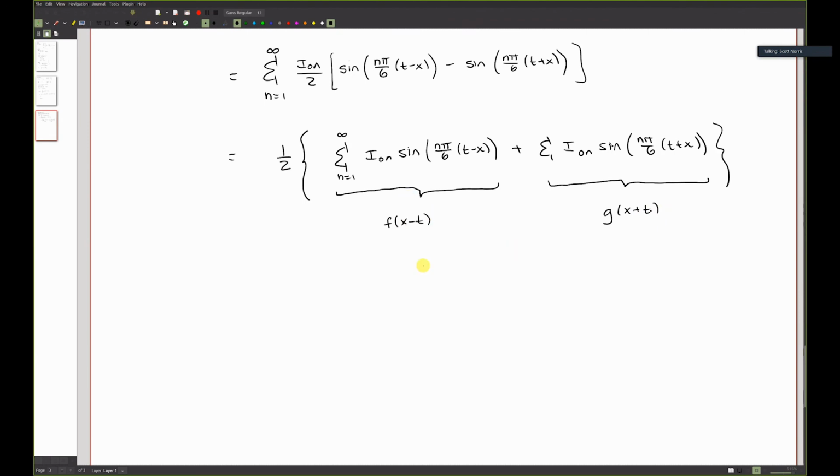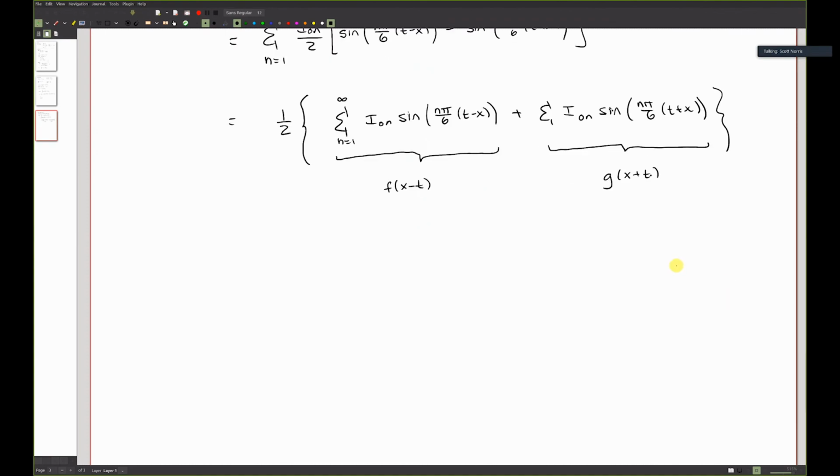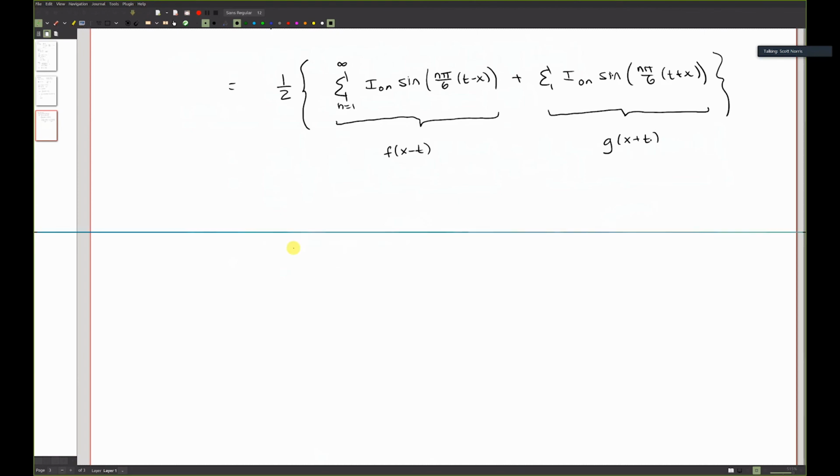So it's no longer a function of x and t separately. It's a function of nothing more than the difference of x and t, whereas this one is a function of nothing more than the sum of x and t. And this is very interesting. So it's worth exploring what happens to a function like this.